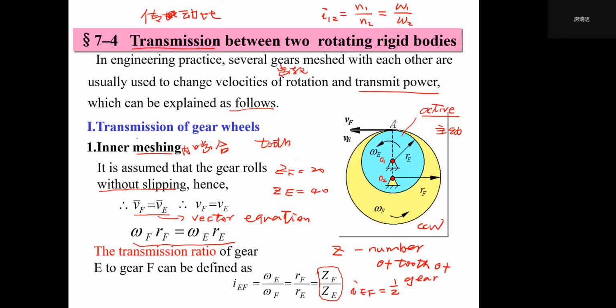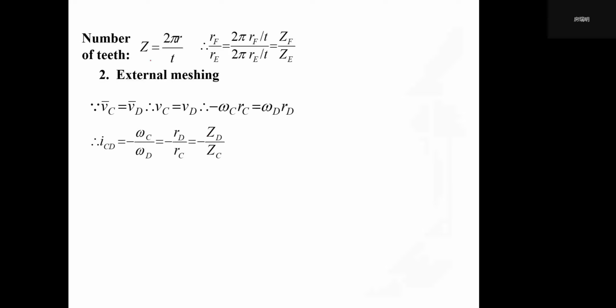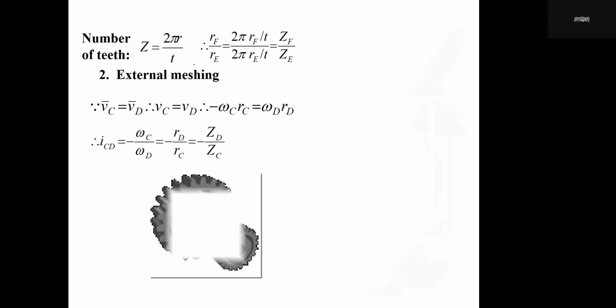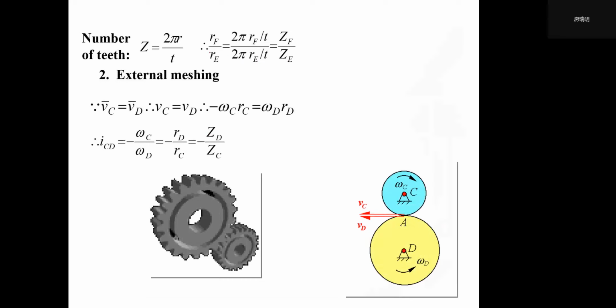So this is always a fixed number, right? So that means transmission of the gear wheels. Here we are talking about inner meshing, 内啮合. And we also have this one. So you can find that when these two gears mesh externally, we call that 外啮合.